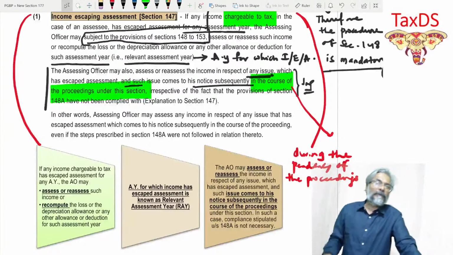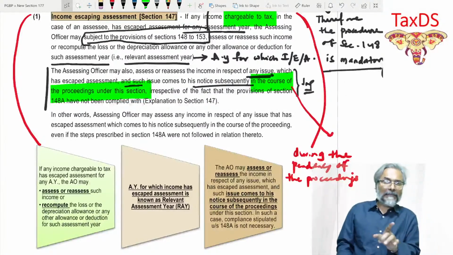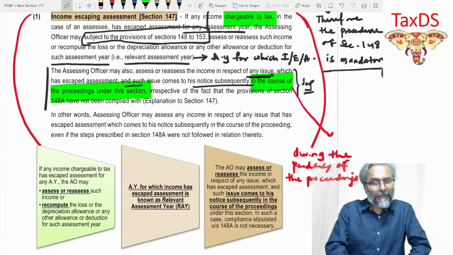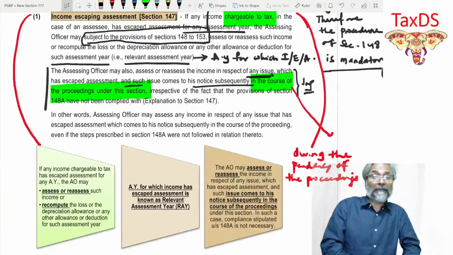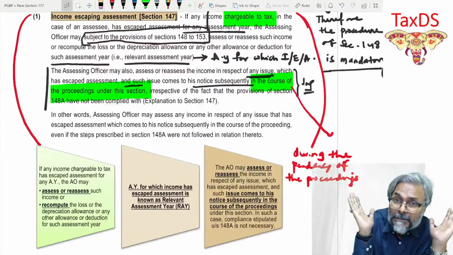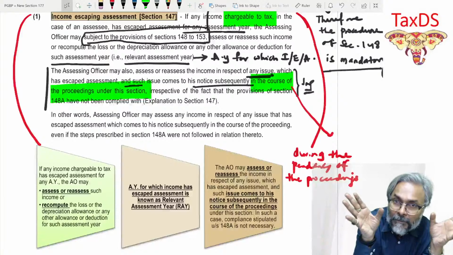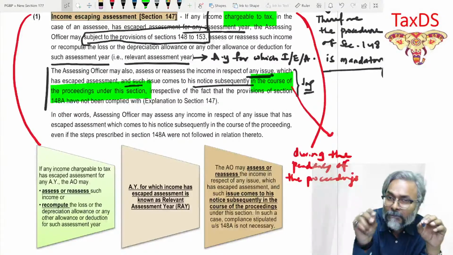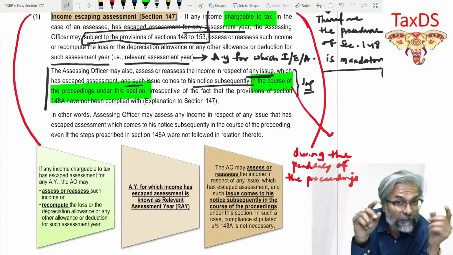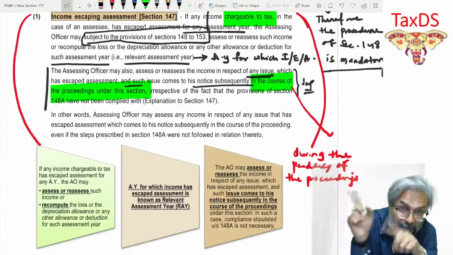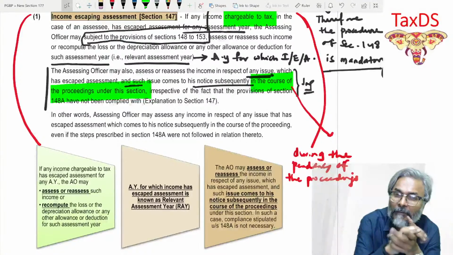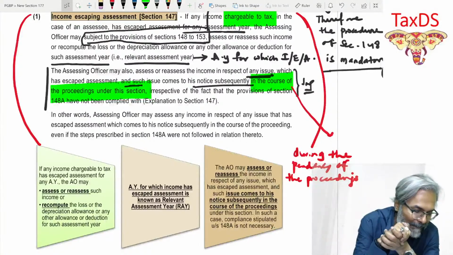So the question is whether the assessing officer can exercise his power under 147 to even assess the business income for AY 23-24 without issuing any fresh notice. Can the assessing officer also do the assessment or reassessment under section 147 in respect of that business income which he came to know during the pendency of 147? Can he do that? And the answer is yes. Definitely, students, he can do that.